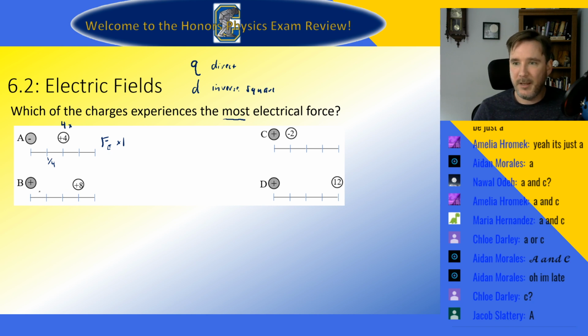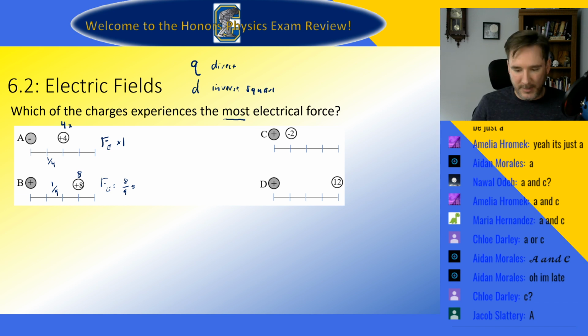Letter B is going to experience 8 times the force because of the charge. It's a direct relationship. And letter B is going to be experiencing, well, we got 1, 2, 3 units away, so it's going to be experiencing 1/9 the force. And so the force FE is going to be basically 8 times 1/9, so 8/9.